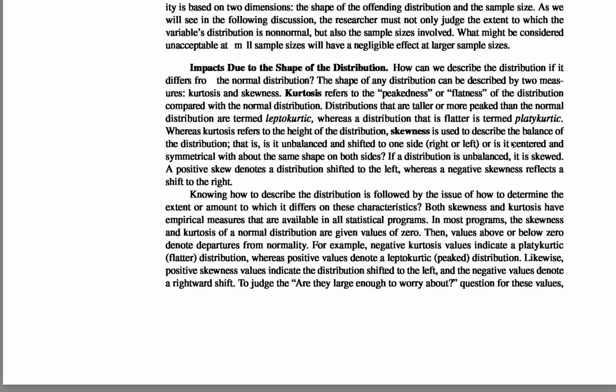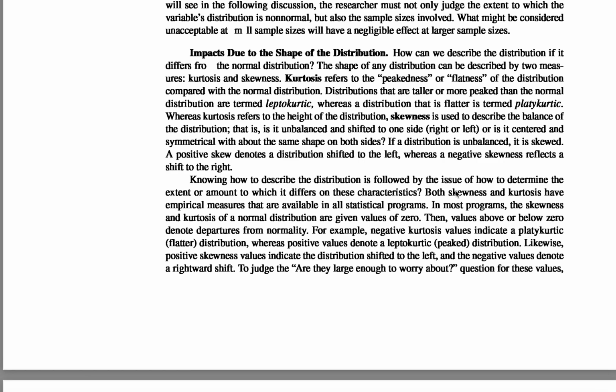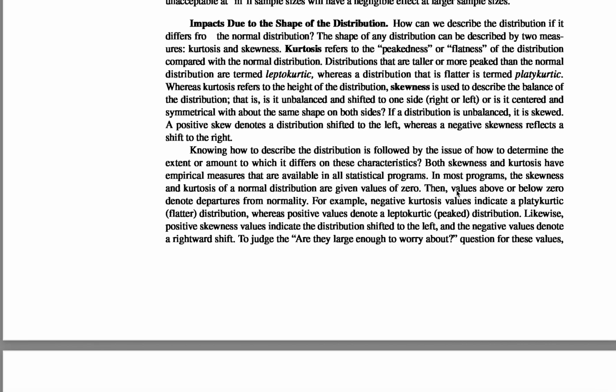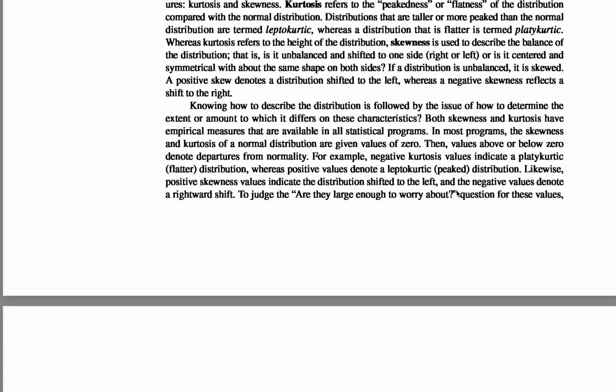Skewness is used to describe the balance of the distribution, that is, whether it is unbalanced and shifted to one side, right or left, or centered and symmetrical with about the same shape on both sides. If the distribution is unbalanced, it is skewed. A positive skewness denotes a distribution shifted to the left, whereas a negative skewness reflects a shift to the right.